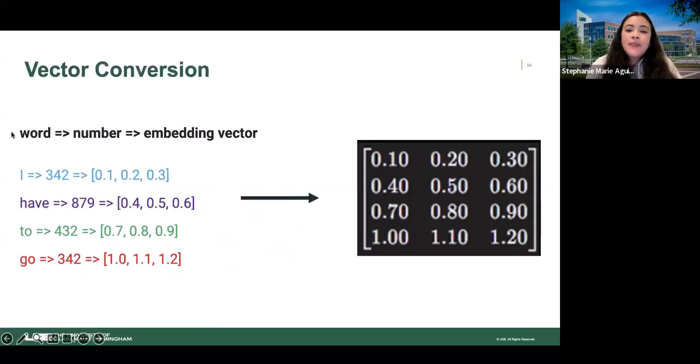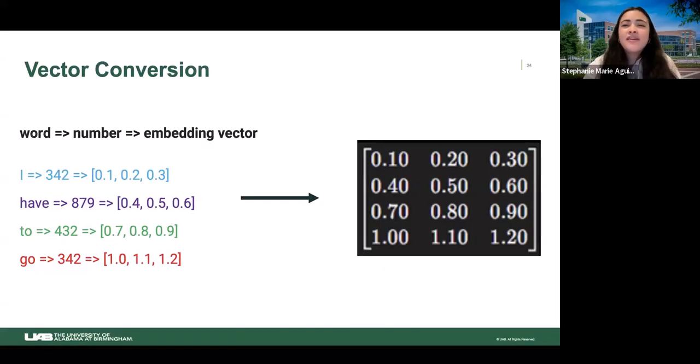So what you'll do is you're turning this whole sentence into a matrix based on that barcode or based on that embedding vector. And the same is true if I was to say, I have to go, or I said the cat is white, the cat is white would have 3 words. So it'd be a 3x3 matrix.